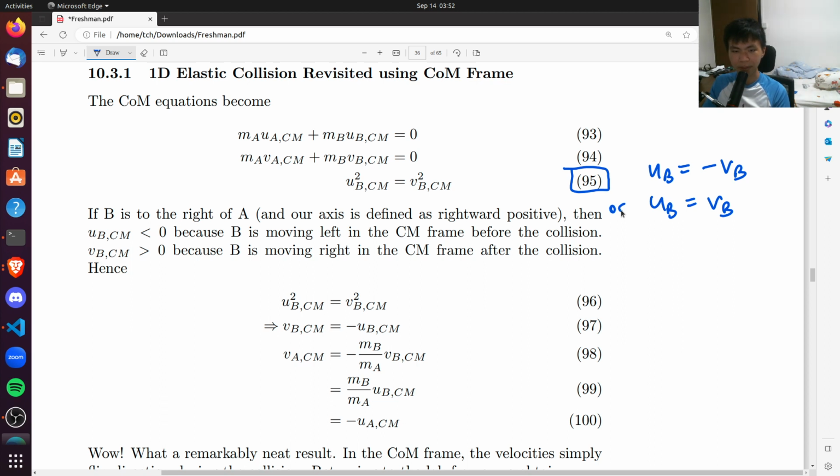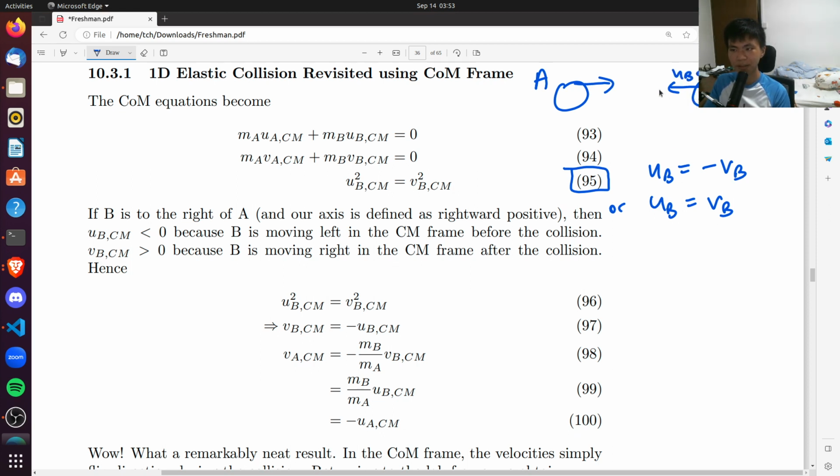It turns out that previously we said we're in the center of momentum frame, and in that frame, if A is to the left of B, B must be moving to the left. There's no way for B to be moving to the right. If they're going to collide, B must be moving to the left towards A, and A must be moving to the right. So that means UB must be less than 0.